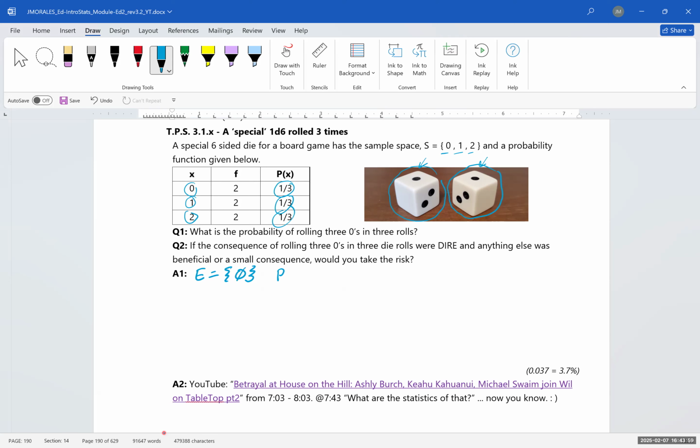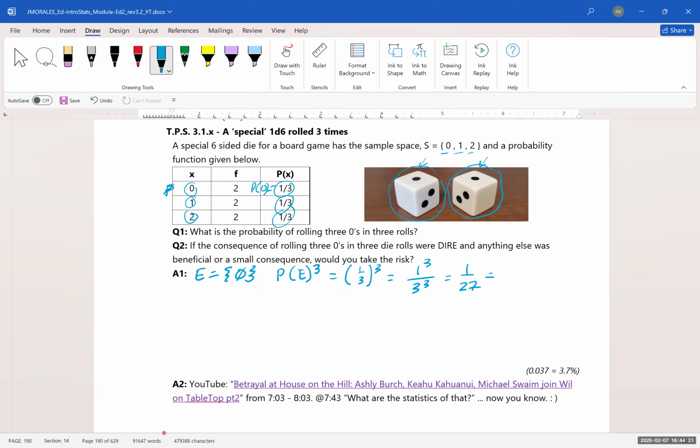So what's the probability of getting a 0 with 3 die rolls? Well, the probability of getting a 0 is 1/3. So that's going to be 1/3 to the third power, which is 1 to the third over 3 to the third, which is 1 over 27.